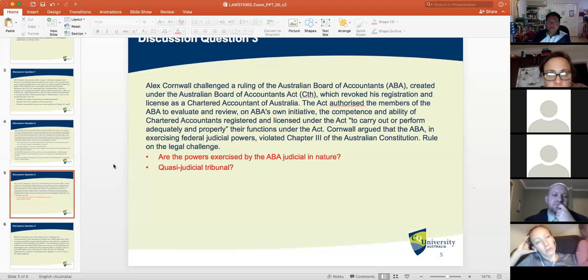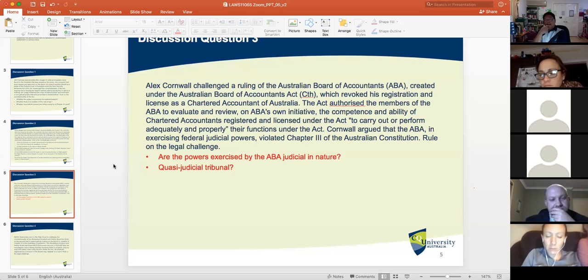If Alex determined or felt that the ABA acted with unfairness, does that qualify as a question of law, considering the law states that a quasi-judicial tribunal must act with judicial fairness?